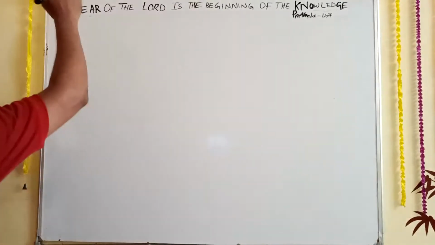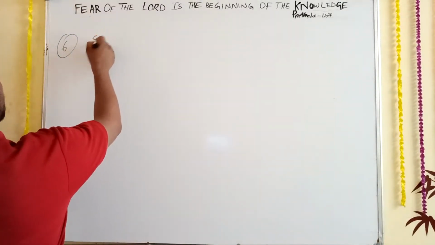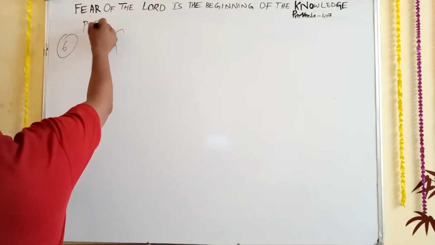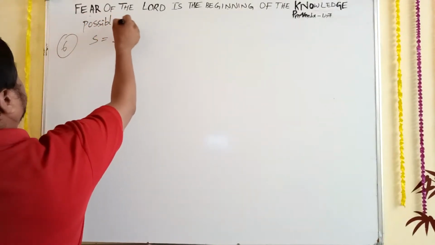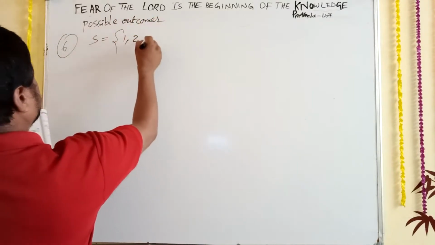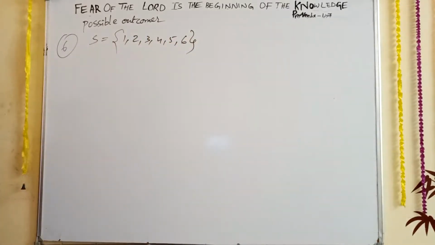So for the first die, what are the possible outcomes, that is the sample space. Possible outcomes 1, 2, 3, 4, 5, 6. These we can call possible outcomes. The number of favorable outcomes are even numbers only, or odd numbers only.